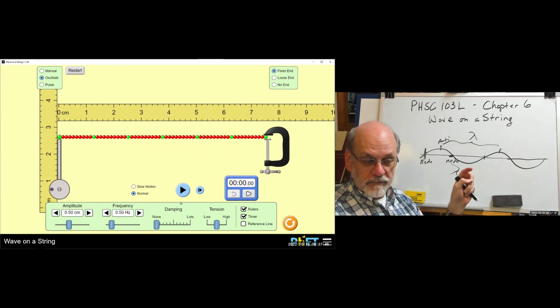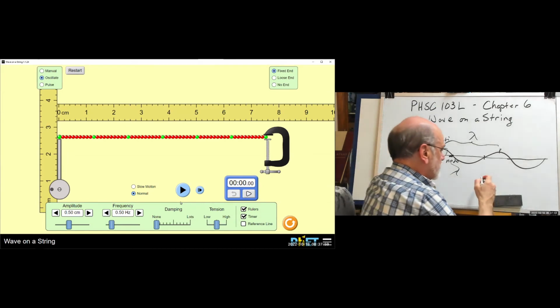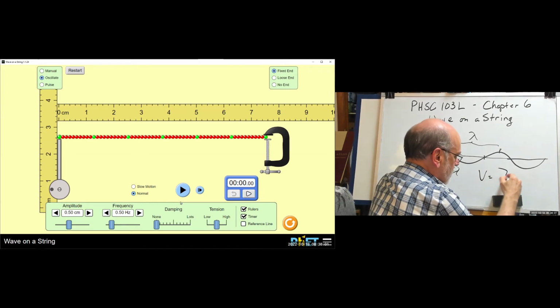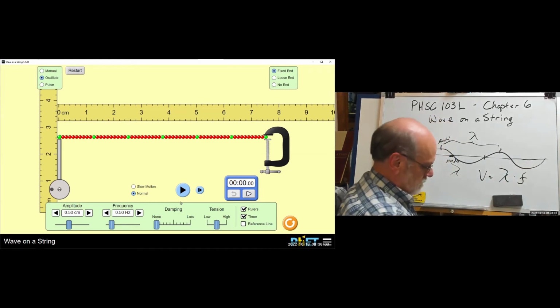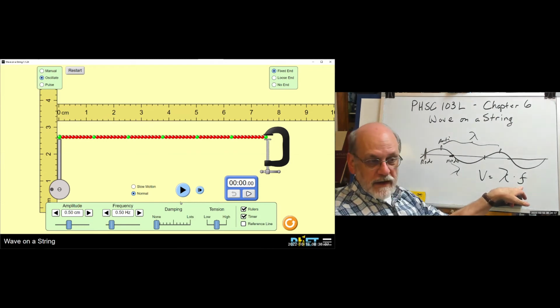We said that before. So what's the frequency? Well, the frequency is how long does it take? Right? If we go back to our formula, we want the frequency to be our unknown.